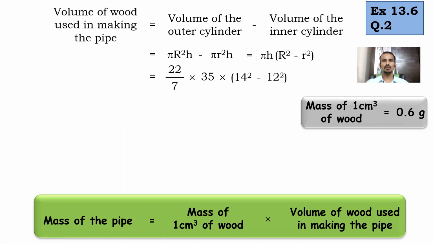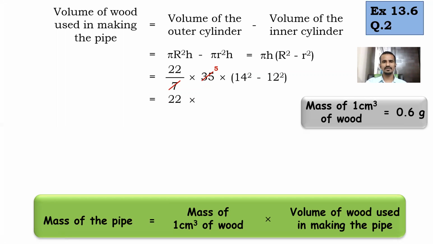Okay, so we can just divide the 7 and the 35. In the bracket we have 14 square minus 12 square. You can square the numbers and subtract, or you can go for the identity a square minus b square. Here the numbers are 14 and 12, so it would be better if you go for a square minus b square. Even if you square it, that will still give you the answer.